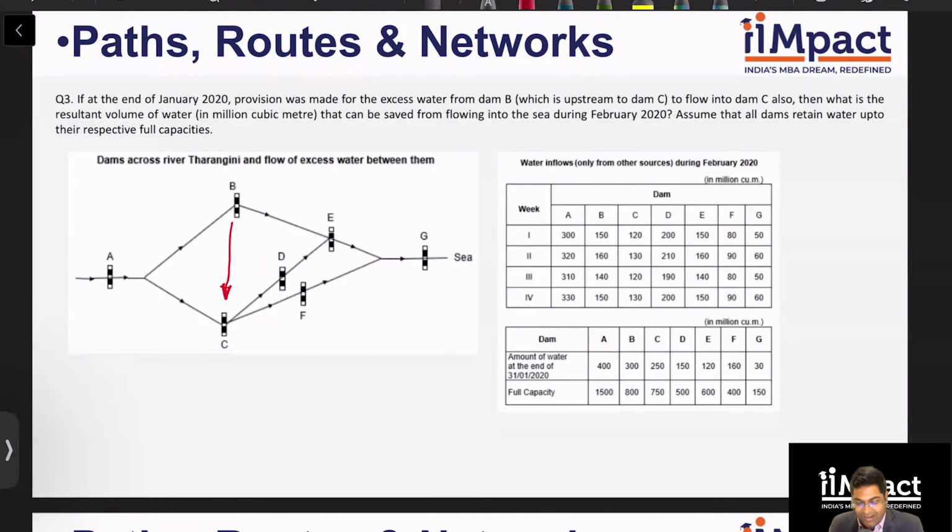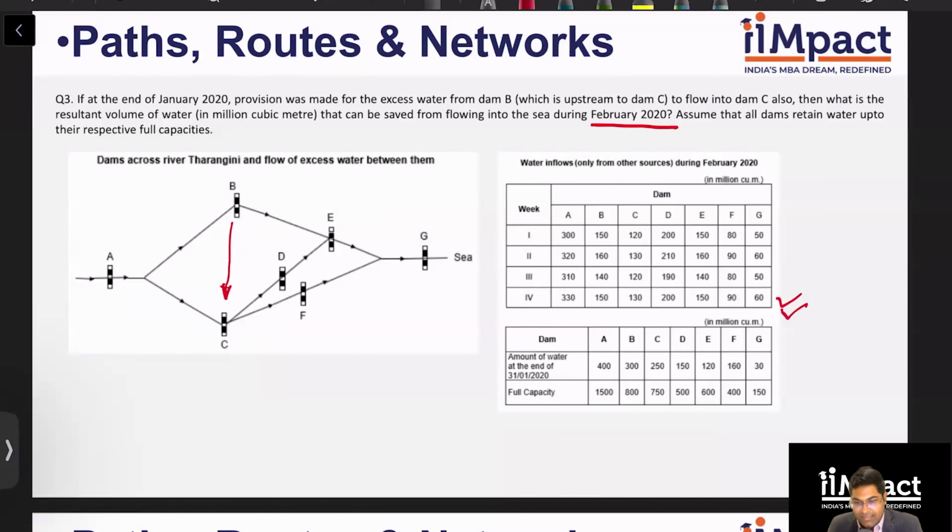I love this question in this set. Because if you've actually understood the whole flow and you've read the table, you don't even need to solve this question. Why am I saying that? Because they're talking about the complete month. If you quickly glance through the numbers, you'll find all the 6 dams are overflowing in the whole month considered, with their capacity and with the amount of water they had at the end of January.